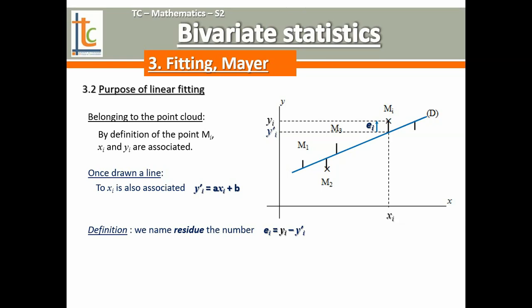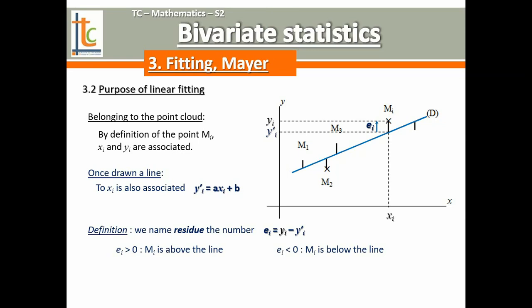We can consider residues, and you can notice that if your point is above the straight line, the residue will be positive, and if your point is below the straight line, your residue will be negative. That's all.